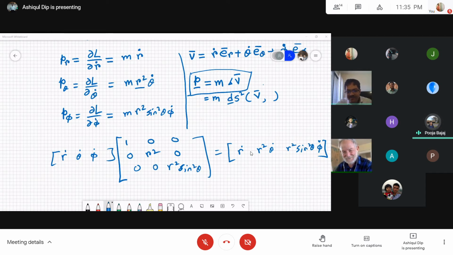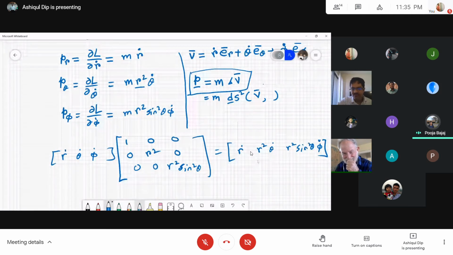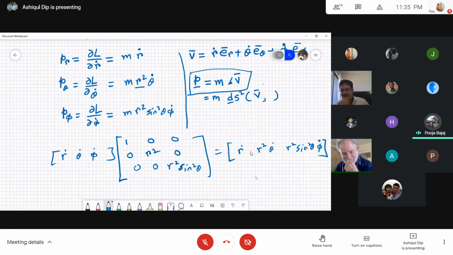Yeah, just one thing, like this empty slot which we have: p equals m into v, then we wrote m ds squared bracket v vector comma. Previously also we had this empty slot, but I could not get why we have this. Because this whole object can take another vector inside of it. The whole thing? Yes, this ds squared can take another vector over there.